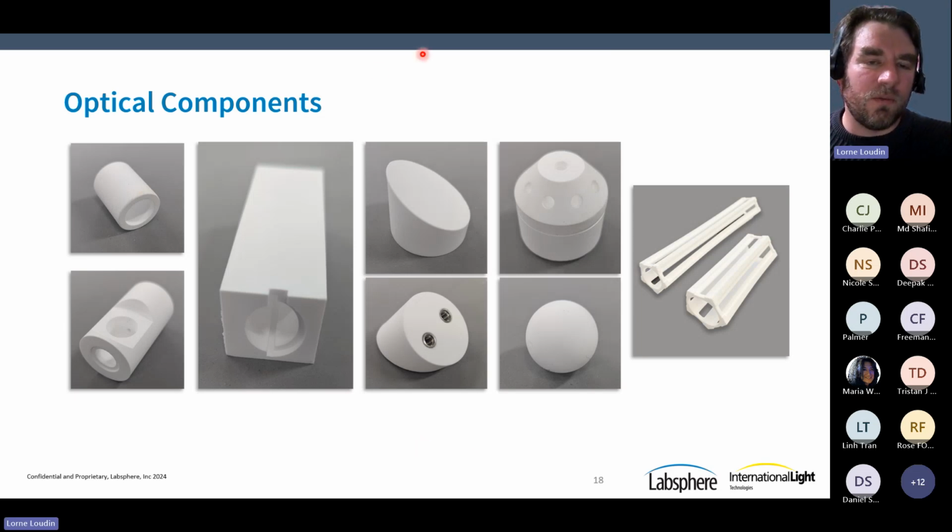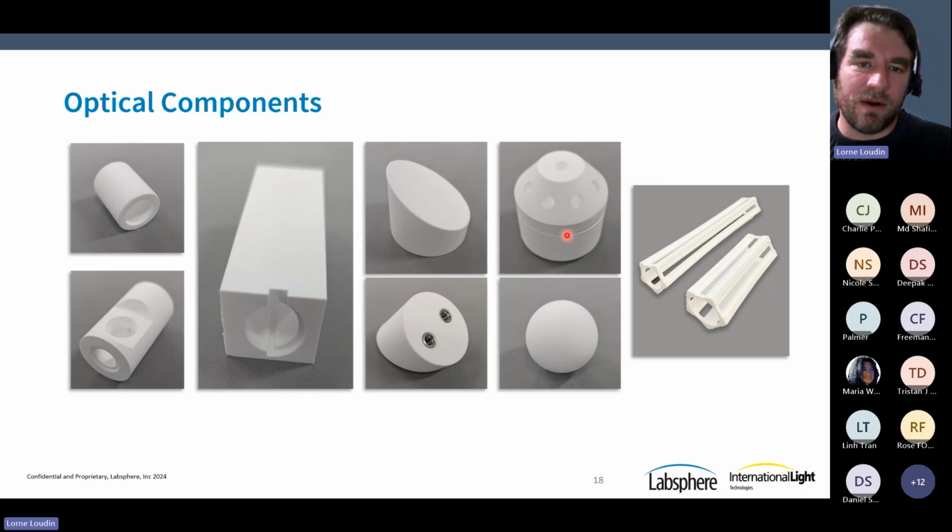Another, this is not really application specific, but these are just optical components that are used in a variety of different systems, whether that be laser pump chambers, or laser cavities, to different types of lamp housings that are used in spectrophotometers or reflectometers, different types of baffles used in optical systems that require diffuse reflectance.